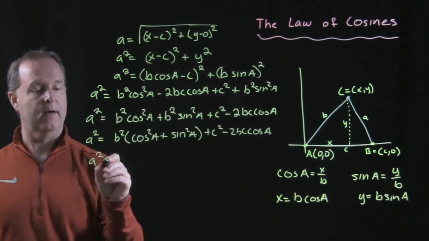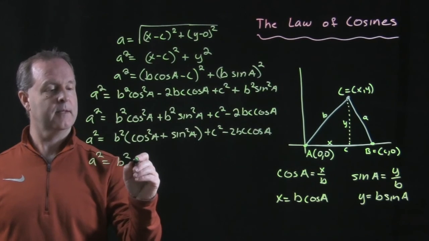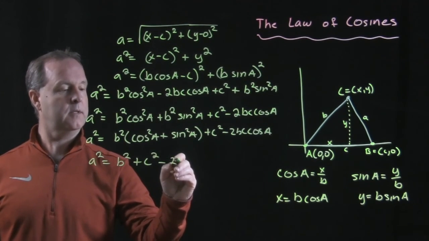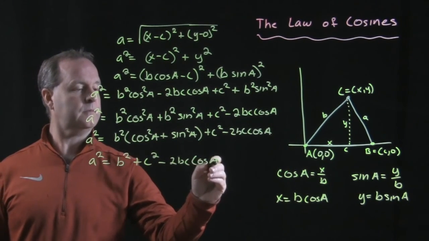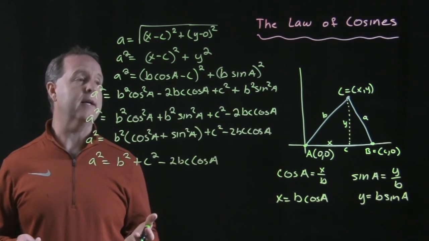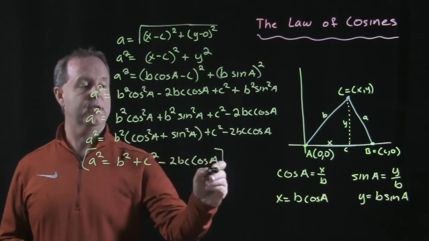So I have A squared equals B squared times 1 plus C squared minus 2 times B times C times cosine A. And there we have one of our three potential law of cosines and the derivation of that.